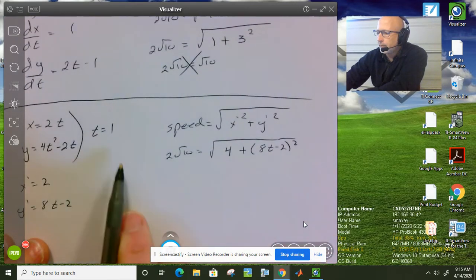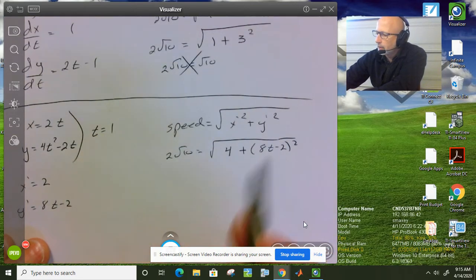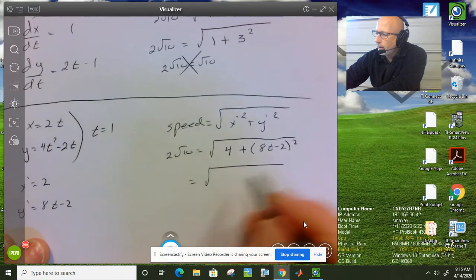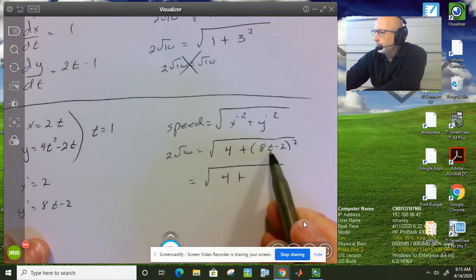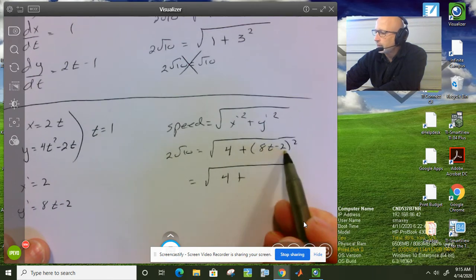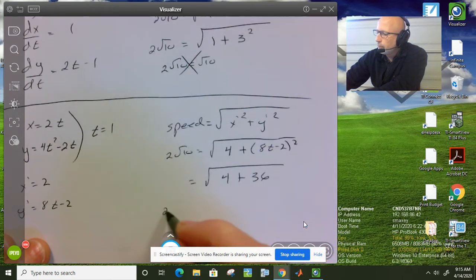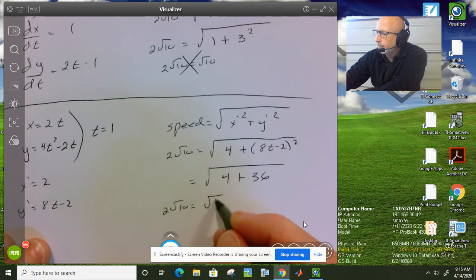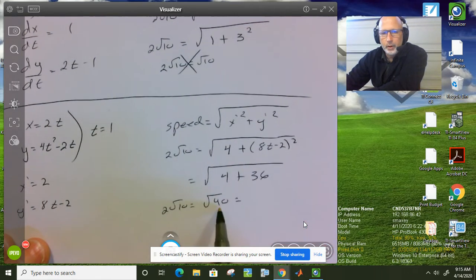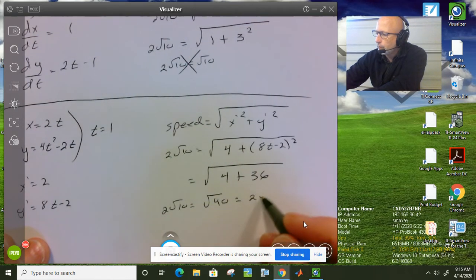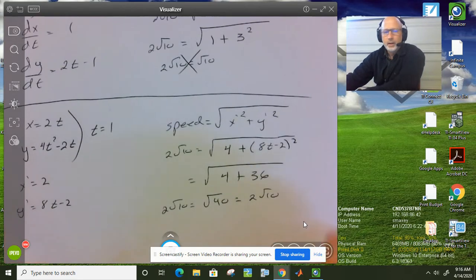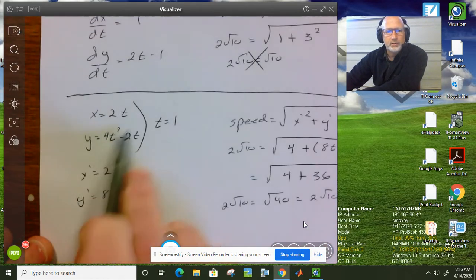At this point t is equal to 1, so plugging it in, I have 4 plus (8 minus 2) squared, which is 6 squared, which gives 36. So 2 root 10 is equal to the square root of 40. If you factor out a 4 and take the square root, you get 2 root 10. So this does work. This is the correct parameterization.